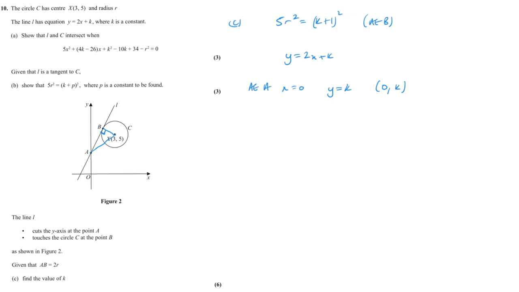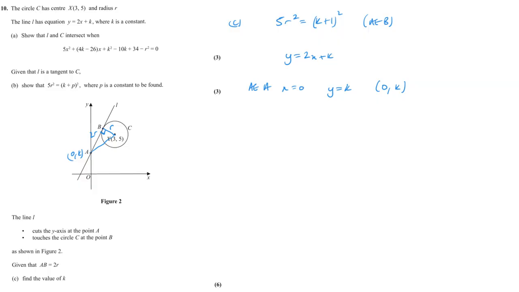So we know that AXB is a right angle triangle. AB is 2R. Okay, so that's what we've got so far, and that is R. So that's 0, k. So we can deal with this as a right angled triangle.